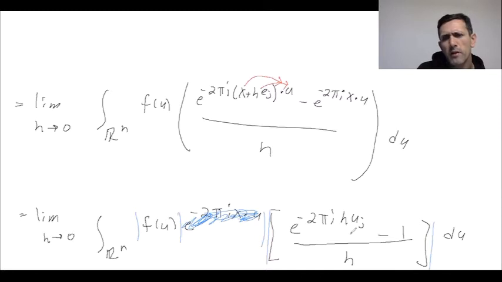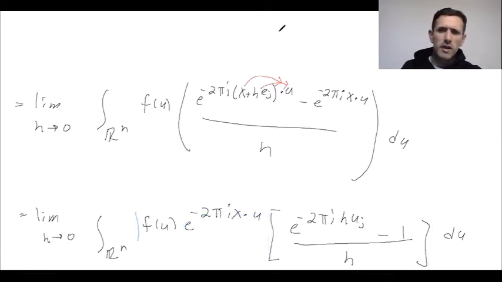And by the mean value theorem, this is bounded by 2 pi times the absolute value of uj. And the absolute value of uj f of u is certainly in L1 because f is a Schwartz function. So no problem there. So I'll just do the mean value theorem real quick.